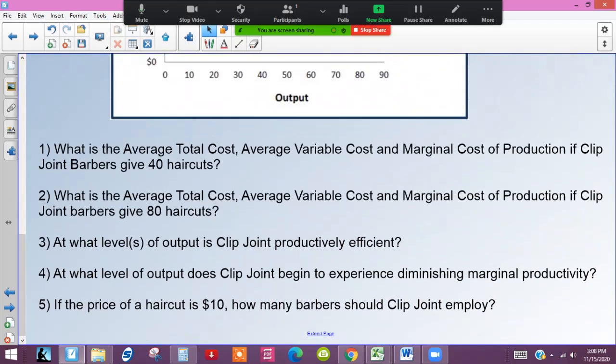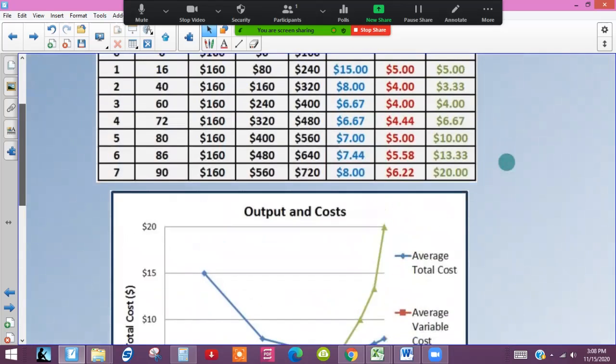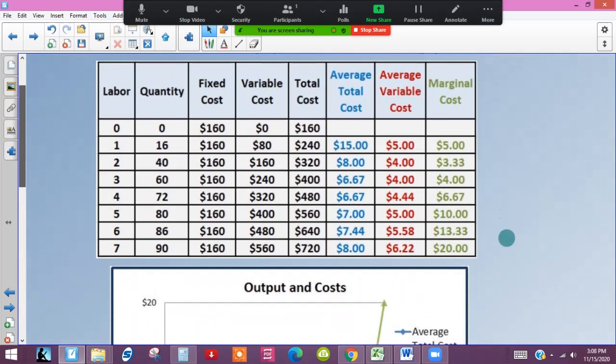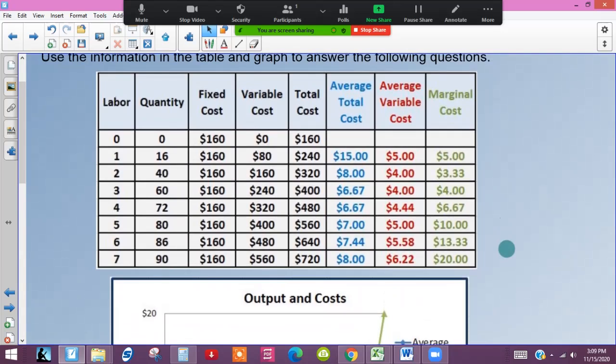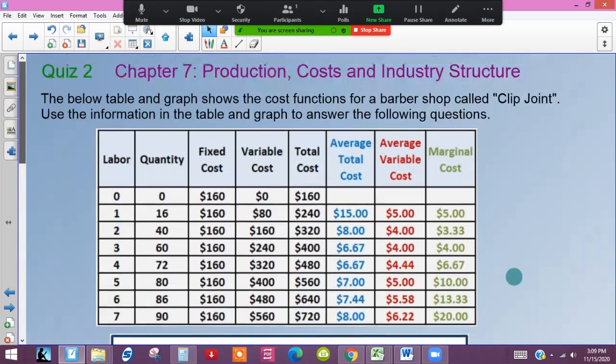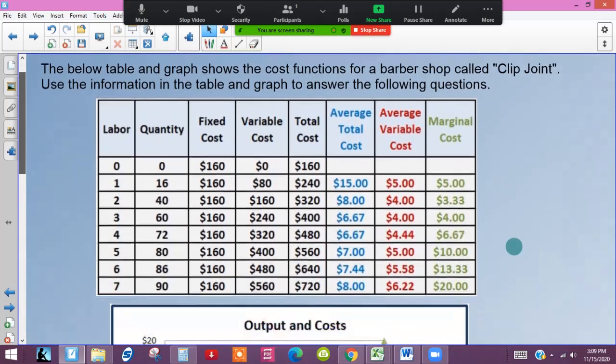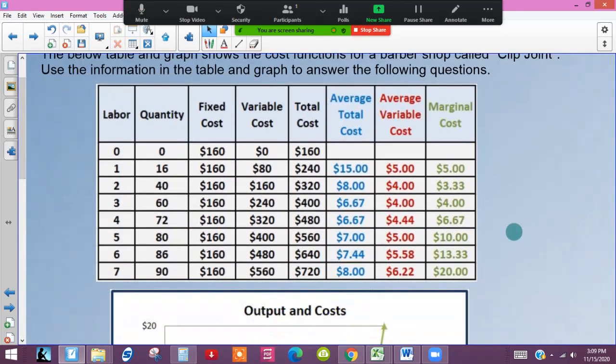If the price of a haircut was 10, okay, so we're going to assume that we are in a competitive market. So we want price to be equal to the marginal cost, okay?